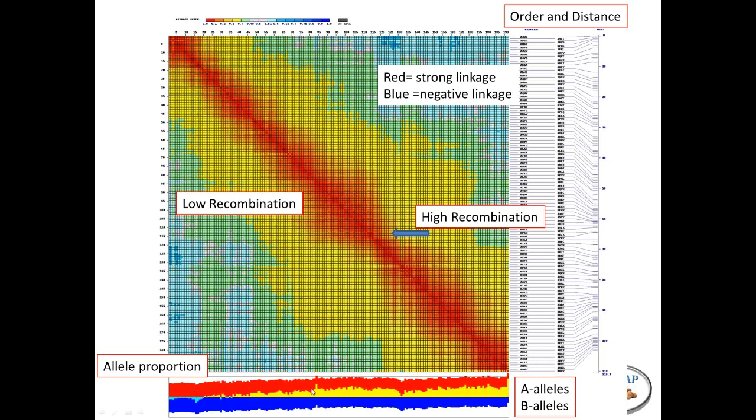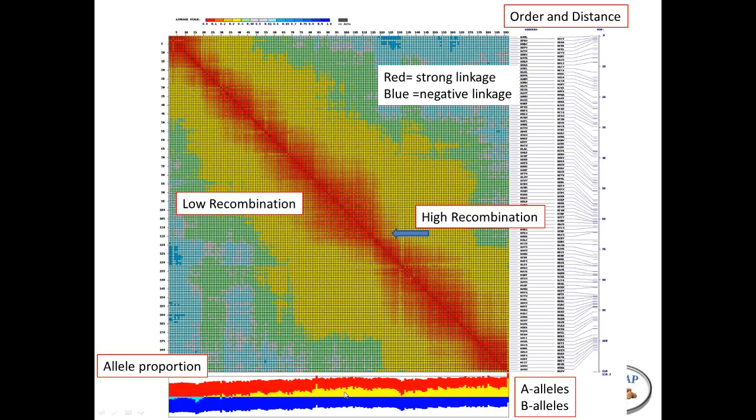The other thing that's nice on the bottom is it shows the proportion of A and B alleles. Basically, you're looking at distortion over here, or no distortion. What you want to see is nice even red and blue contributions in the recombinant inbred line population. So it's your allelic proportion, or you can call it distortion.